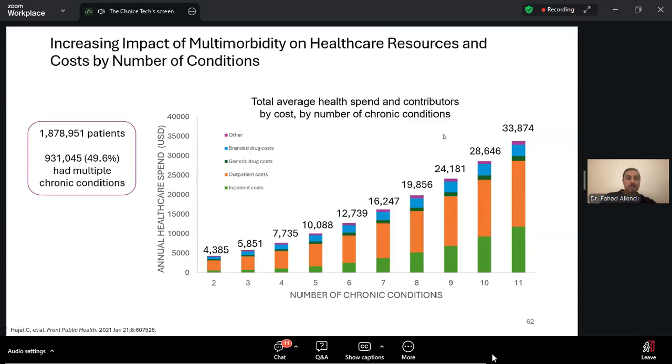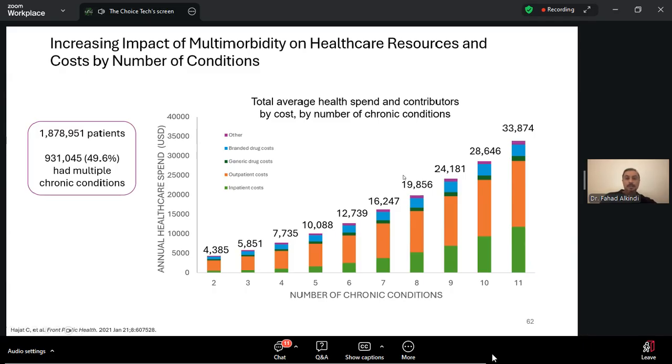Of course, if you look at this cross-sectional study in the US that looked at the cost on the health system, it is very clearly showing that the cost is a very dramatic burden on the health sector with the increased number of comorbidities.